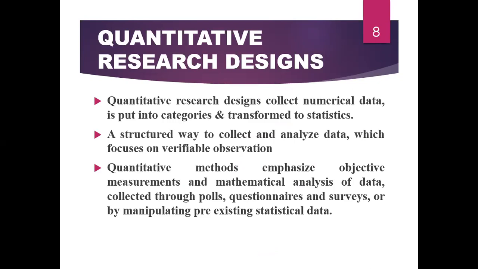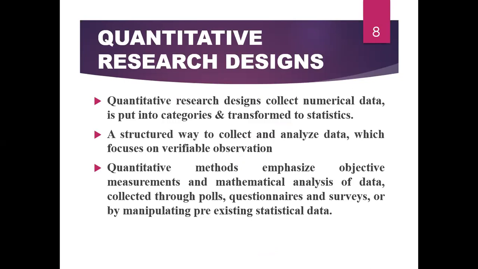Now, coming to the various types of quantitative research designs. Quantitative research designs are a type of empirical investigation, which means the researcher focuses on verifiable observation. They collect numerical data, numbers, which are put into categories and then transformed into statistics.